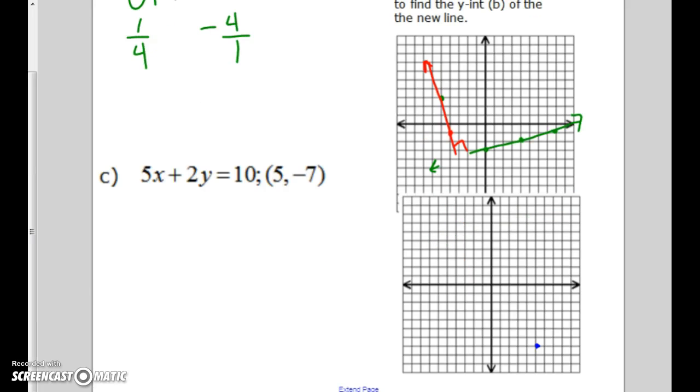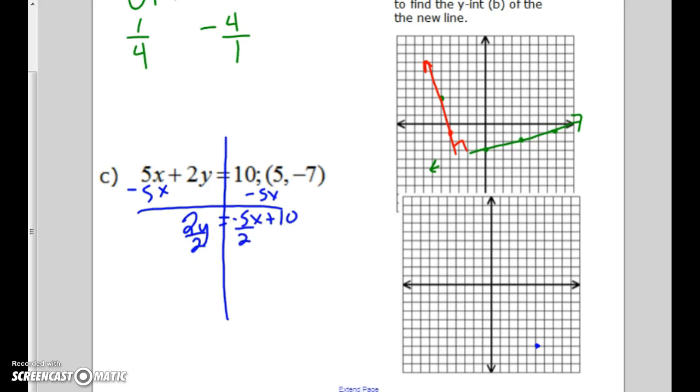Okay, and then on this one I graphed my point 5, -7. Here I'm going to have to solve this equation first. So I'm going to have 2y is equal to -5x plus 10 divided by 2. So now I know my slope is -5 over 2. If I'm going to do OR, then I need to make it a positive. I need to flip it to be 2 over 5.